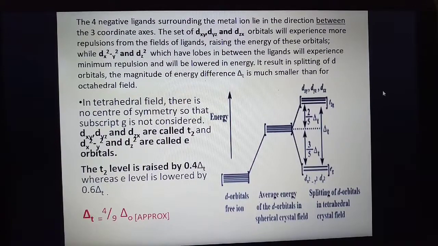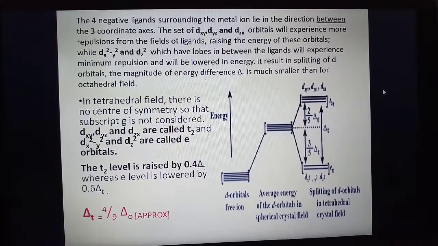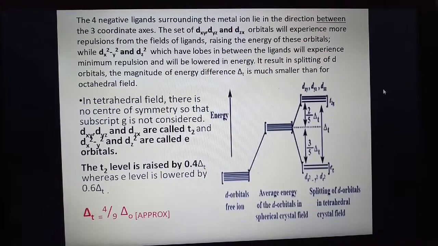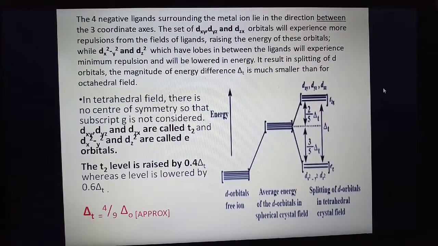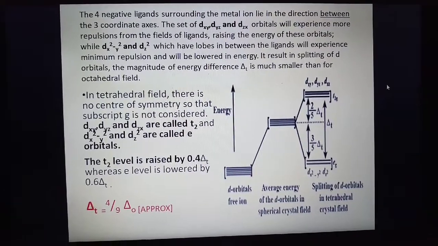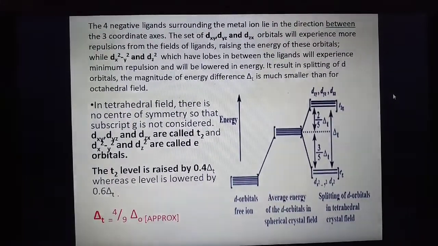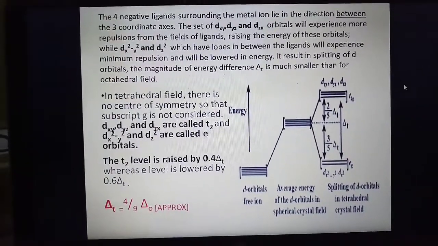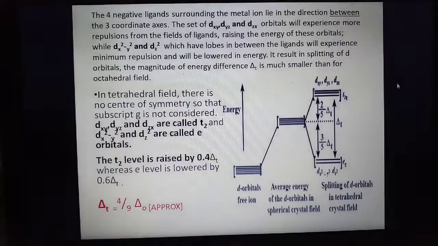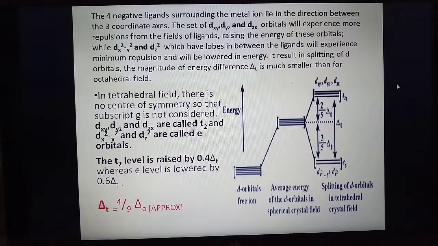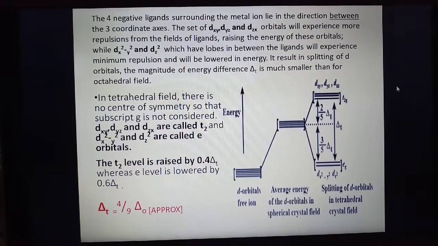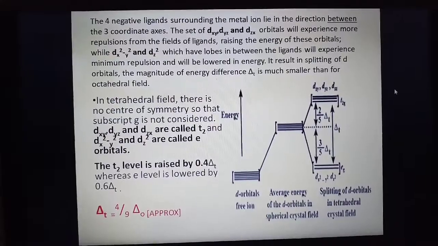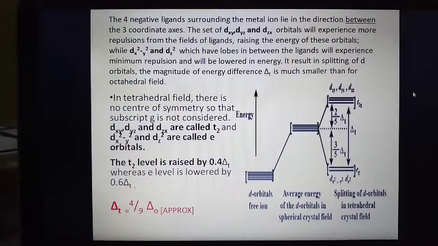In octahedral splitting, T2g was lower, while in the tetrahedral, T2, which comprises dxy, dyz and dzx, is raised up by 0.4 of the tetrahedral splitting energy, while the E level with dx²-y² and dz² is lowered by 0.6 of the splitting energy.